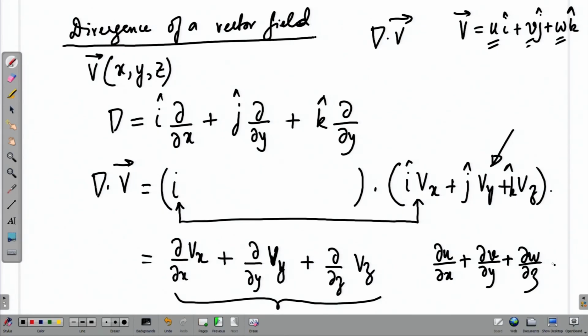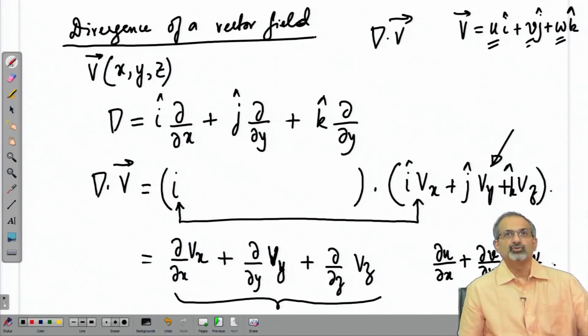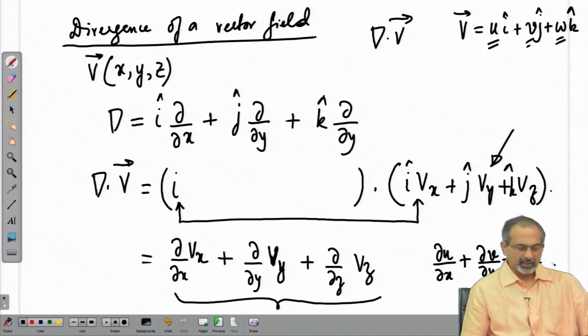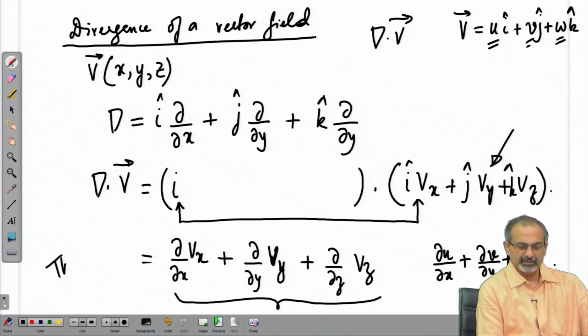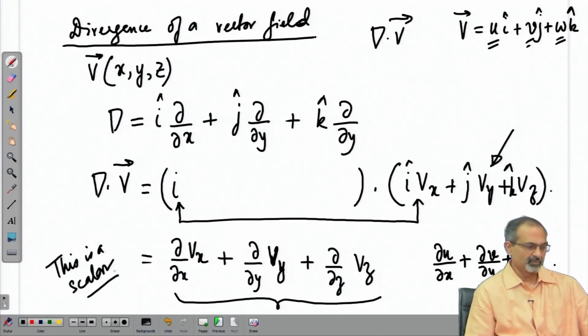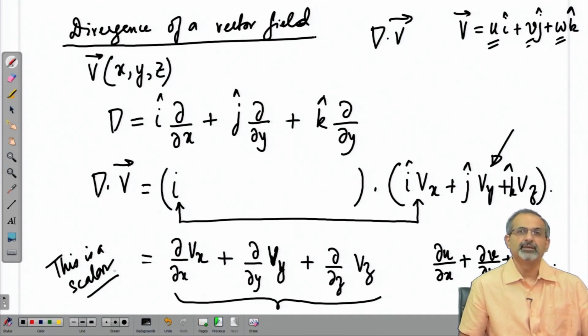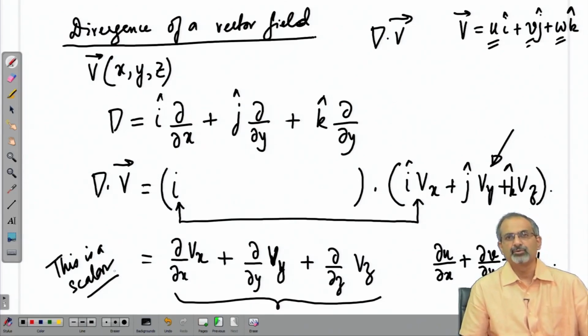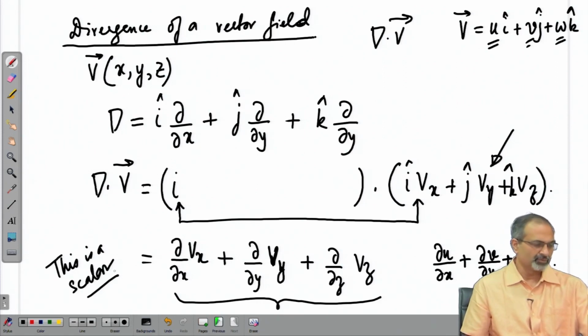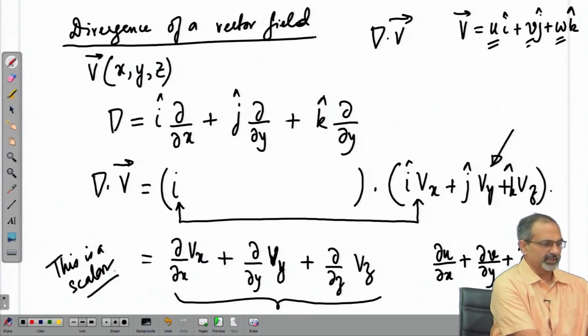This is essentially the expression for divergence of a vector field v, and as you can understand, this is a scalar. So, gradient of a scalar field produced a vector, while divergence of a vector field produces a scalar. We have to keep these details in mind.